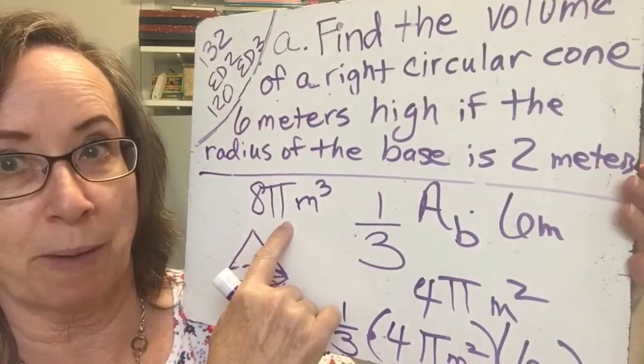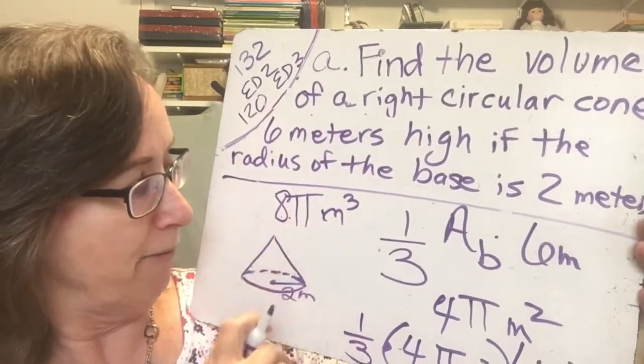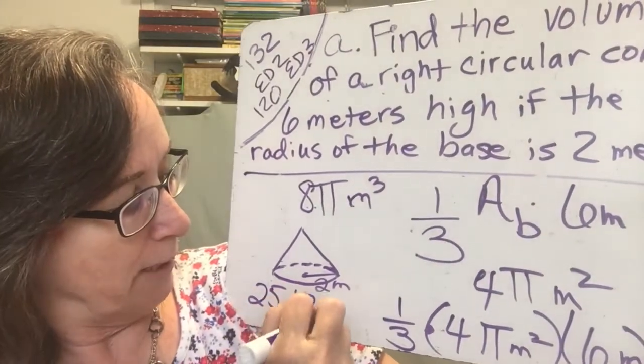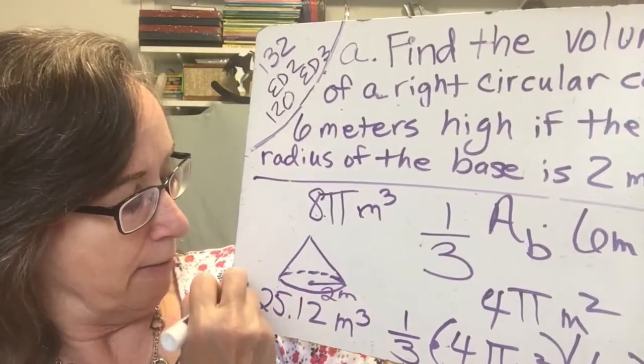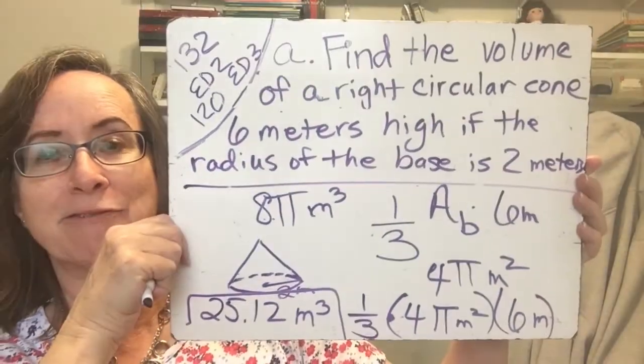We come over to our board and instead of 8 pi, we'll put 25.12 meters cubed. That would be the volume that we were looking for.